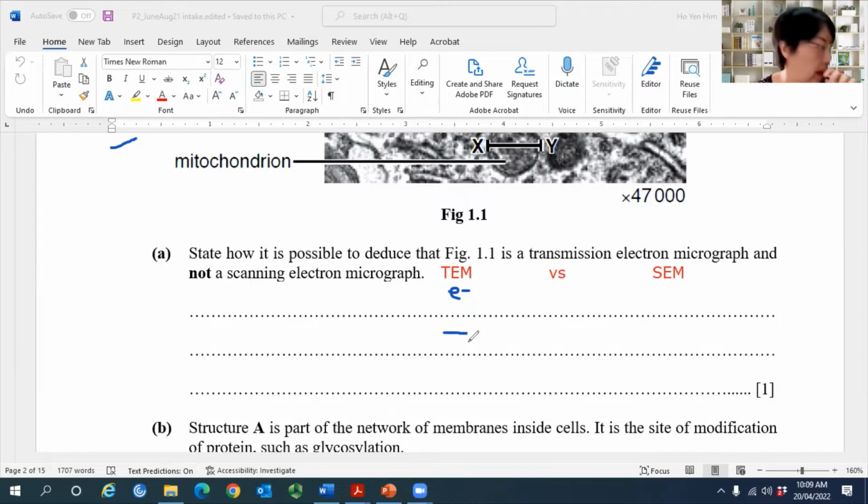The more atoms you have, the more electrons surround the atoms, and these repel the electrons, so electrons cannot pass through. Electrons only pass through the regions with fewer molecules or atoms.